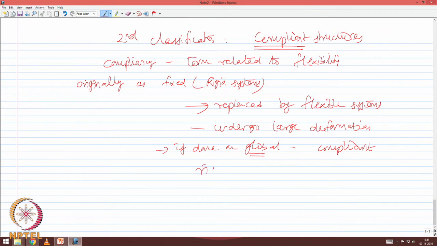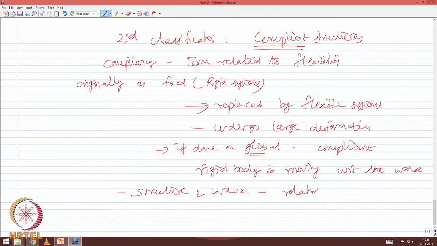The whole rigid body is moving with respect to the wave. So, the structure and the wave has relative displacement with each other, and this relative displacement reduces the forces on the members.